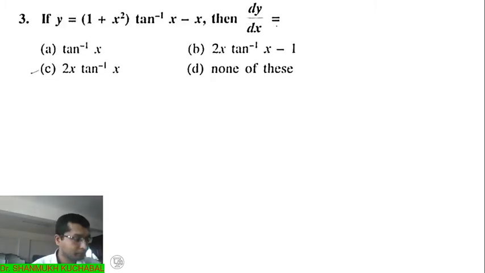Next example, y equal to (1 plus x square) multiplied by tan inverse x minus x. So we have to find the differentiation for this. So dy by dx is equal to, here we consider this as u and this as v, so we use the product rule.